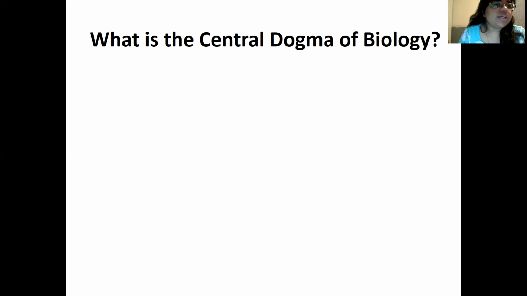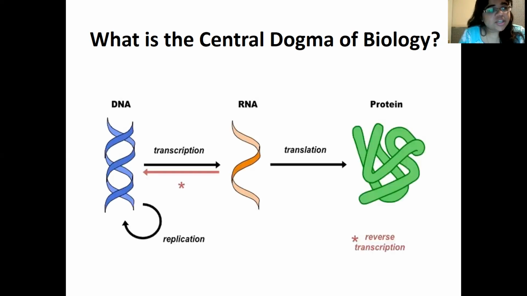So what is the central dogma of biology? The central dogma of biology is the saying where it goes from DNA to RNA to protein. So DNA is made into RNA through the process of transcription, and RNA is made into protein via translation.